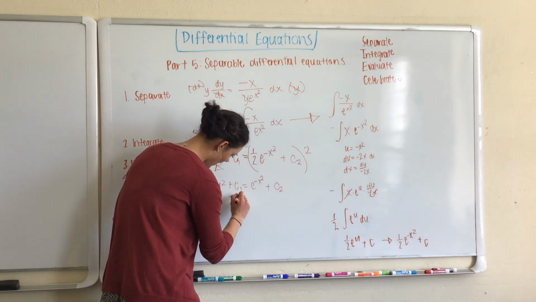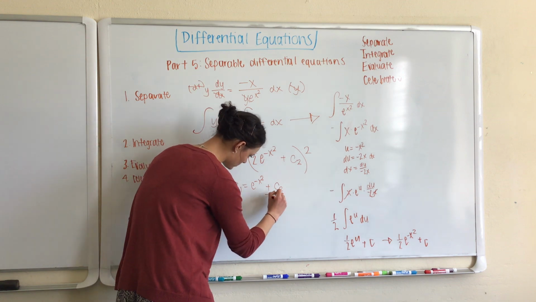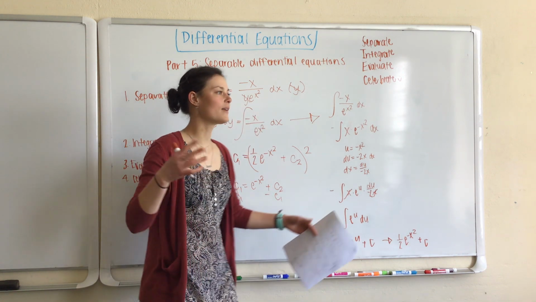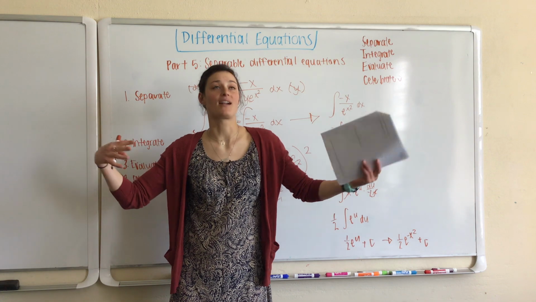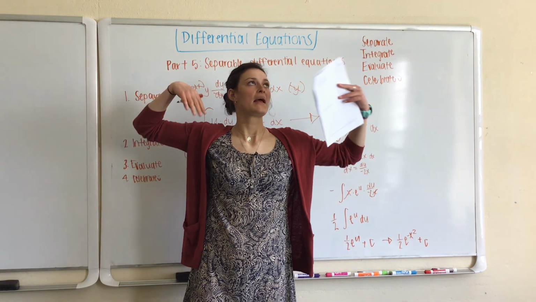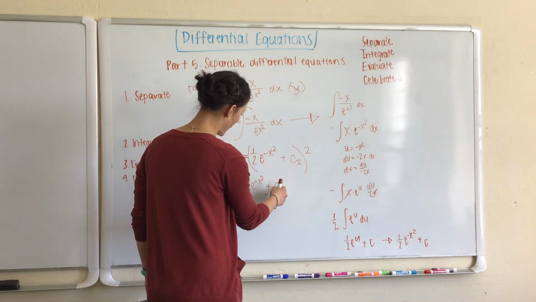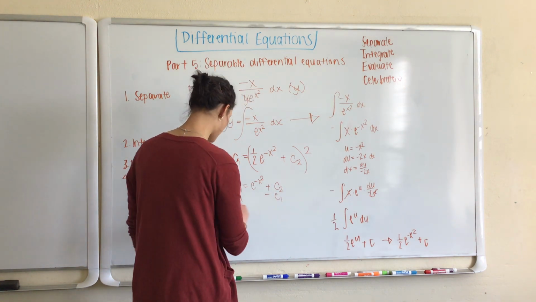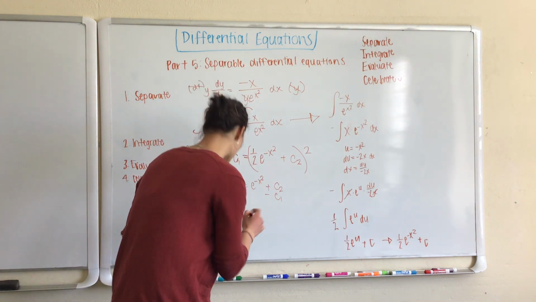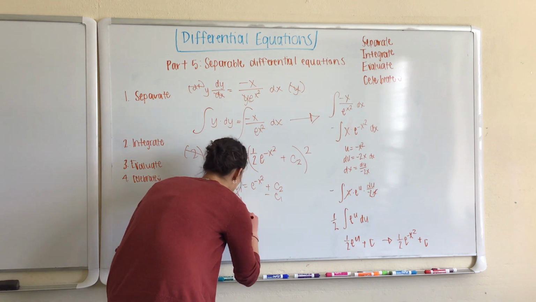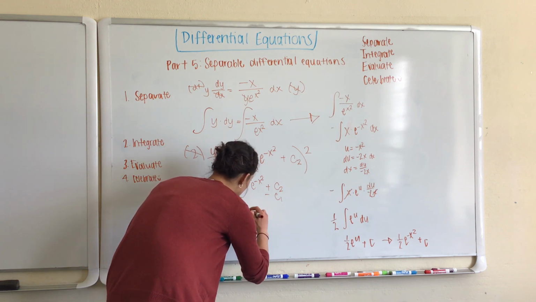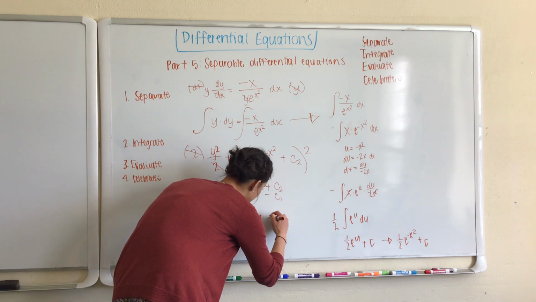Let's go ahead and subtract this c1 over. But again, c1, c2, they represent any and all constants. We can add or subtract as much as we need to, so that positive c2 minus c1 is just going to end up as a plus c. Okay, so we're going to have y squared equals e to the negative x squared plus c.